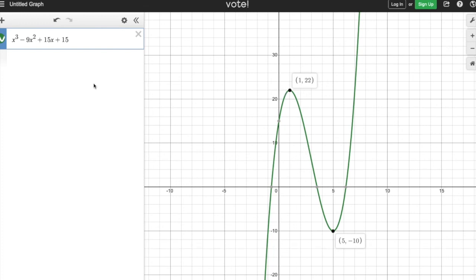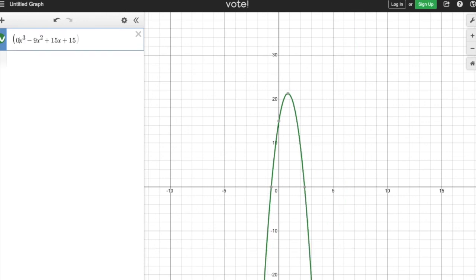Well, what about the overall maximum and minimum? Remember, we were only considering x values from 0 to 6. I can actually make Desmos show that. So I can say if x is in between 0 and 6, doesn't really matter if these are strict or less than or equal to inequalities for the purposes of Desmos.